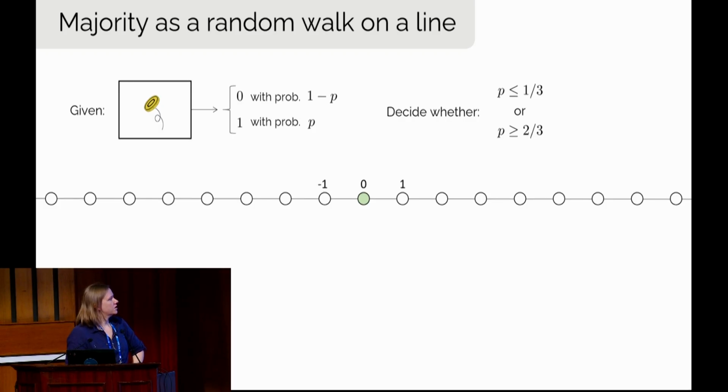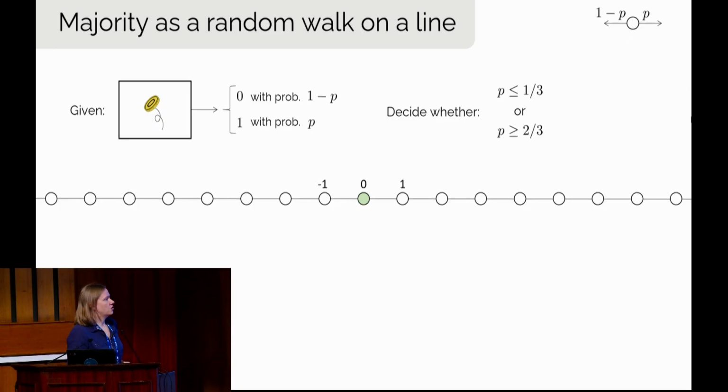What you could do is take an infinite line and do a biased random walk on this line. You'll start at 0, and at every step, wherever you are in this graph, you'll flip your biased coin, which is like making one call to the randomized algorithm. And if you see 0, which you will with probability 1 minus p, you of course don't know what p is, you'll move to the left, and otherwise you'll move to the right.